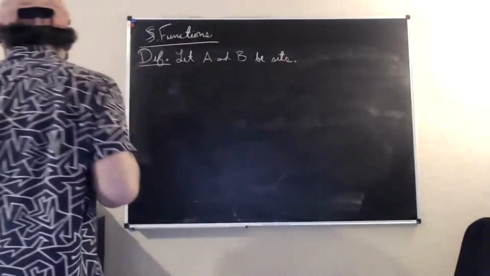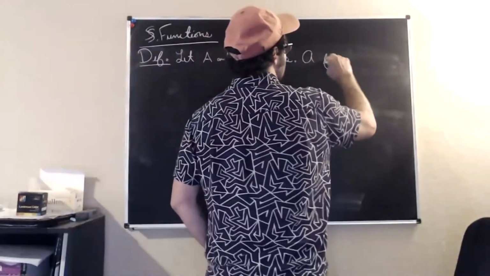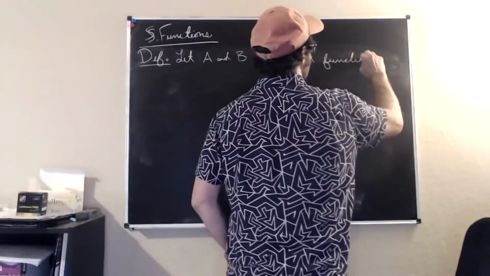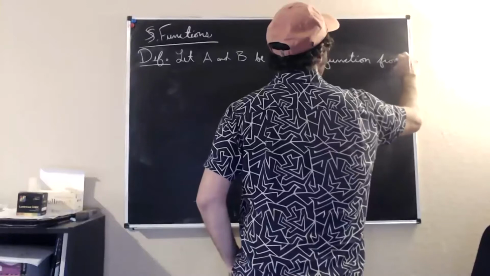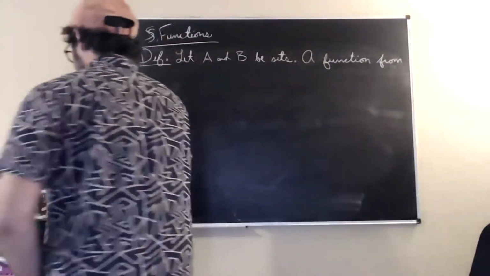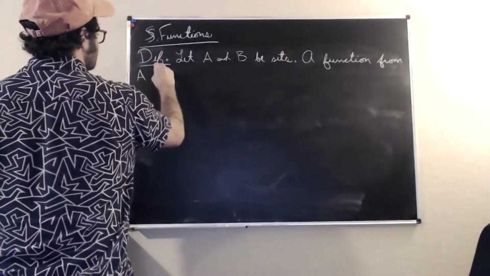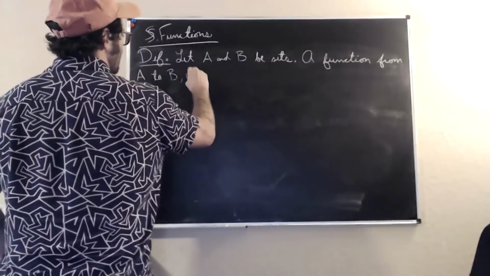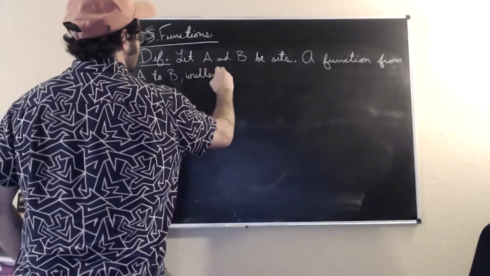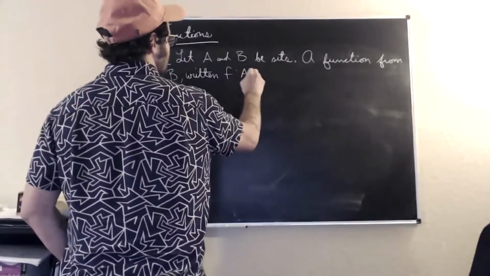Okay. So a function from, well, yeah, from A to B, often written as F right arrow A B.